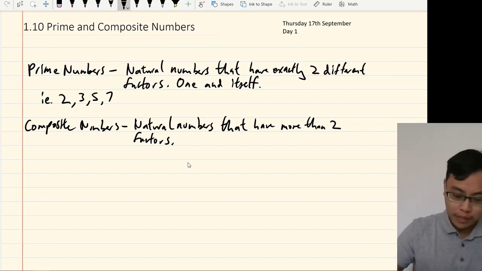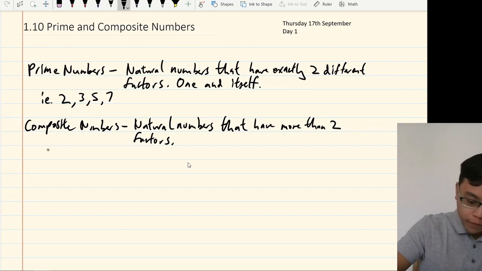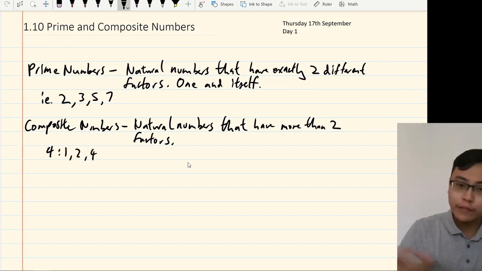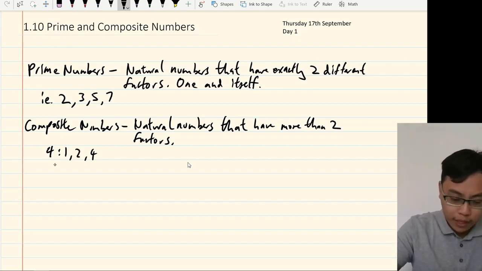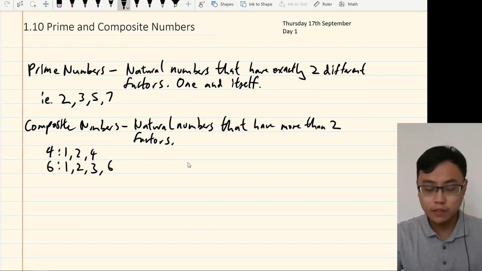For example, the factors of 4 are 1, 2, and 4. That is 3 factors, so there's more than 2. Another example, 6 has factors 1, 2, 3, and 6. There are 4 factors, so it has more than 2 factors.